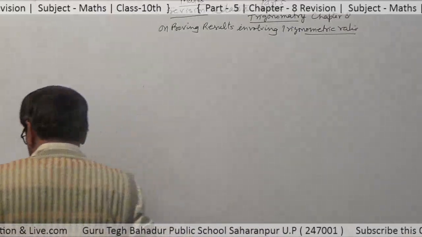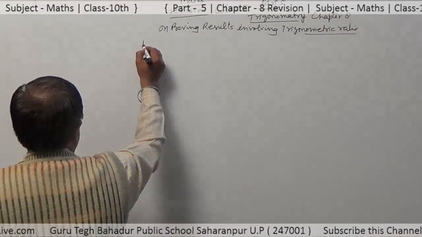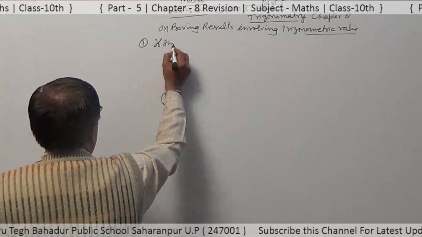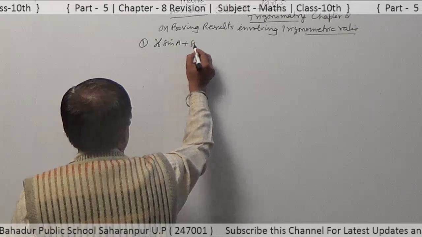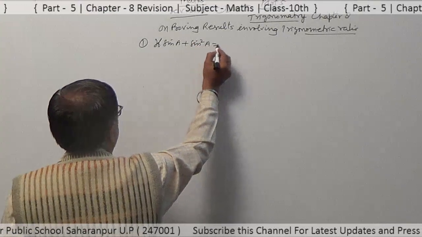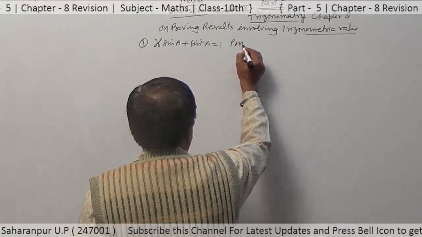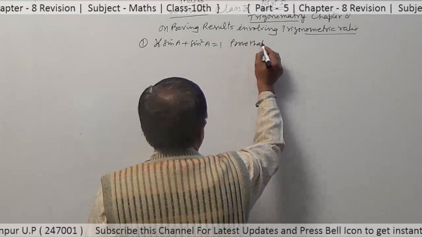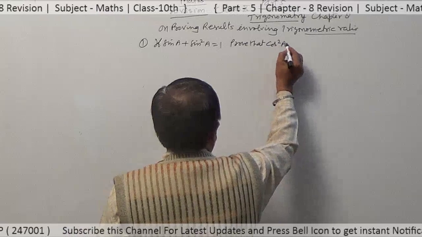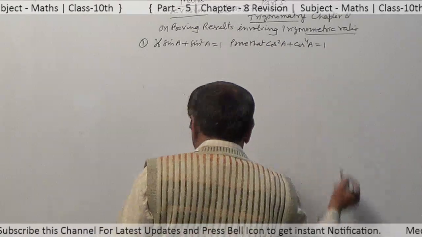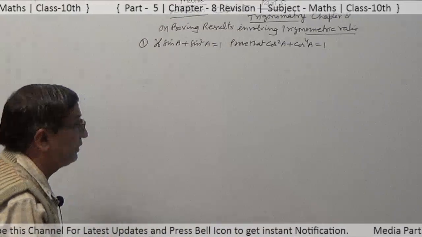Such type of questions are there. First, if sin A plus sin square A is equal to 1, prove that cos square A plus cos power 4 A is equal to 1. Here it is given.